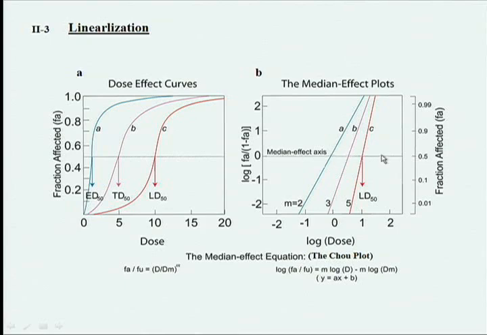And the axis intercept gives ED50, LD50, and the slope describes the shape. This median effect plot was introduced by me at about the same time, so it's very useful for any drug regardless of mechanism of action or mode of action.